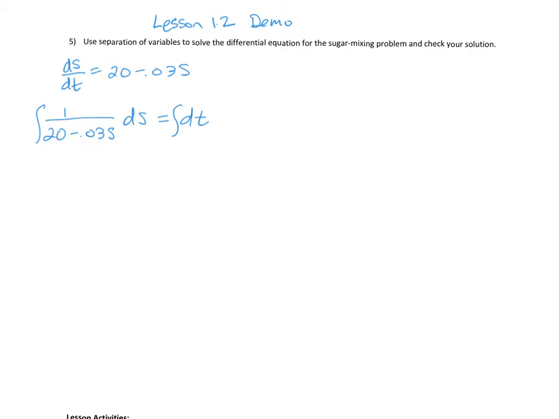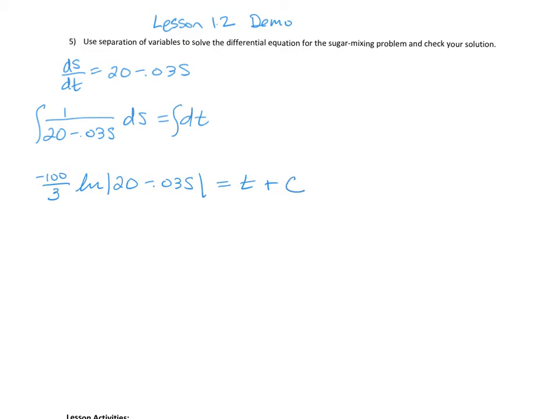So this ends up being negative 100 thirds times the ln of 20 minus 0.03s. And technically there's a plus c, but I'm going to combine both of my plus c's on the right-hand side. So when I integrate dt, I get t plus c.